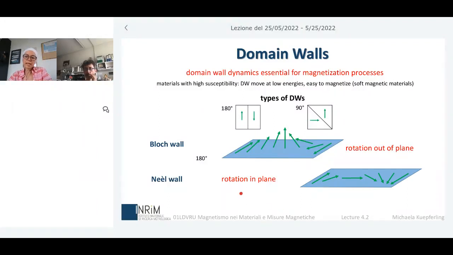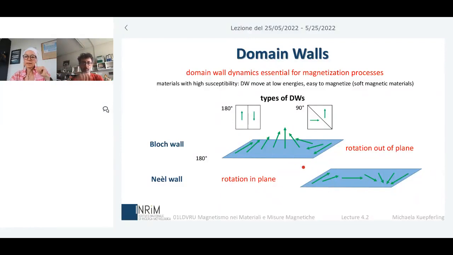On the other hand, for the Néel wall, we are rotating in the film plane. So at a certain point, you will find magnetization pointing perpendicular to the initial direction of the magnetization, but lying still in the film plane. And this is a so-called Néel wall. Now, since you already heard about the demagnetizing field, you can imagine maybe that one of these two walls is preferred in thin magnetic films.